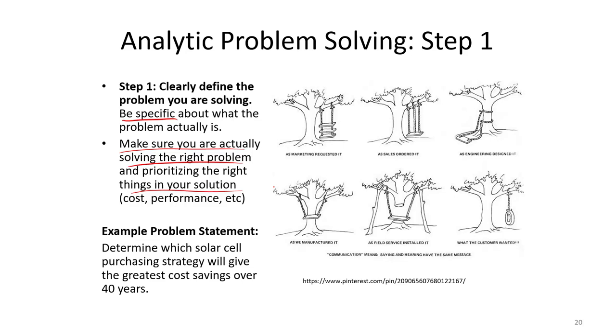This is an activity that we often do in our labs. So, in this problem statement, we want to determine which solar cell purchasing strategy will give the greatest cost savings over 40 years. It's pretty specific. We're looking for the greatest total cost savings over a 40-year period.